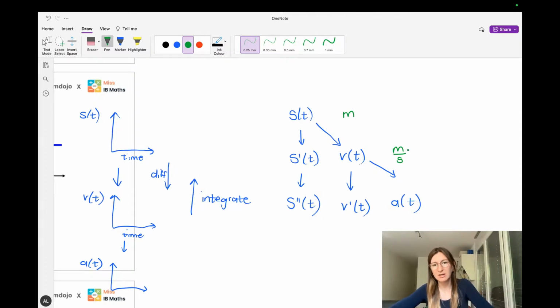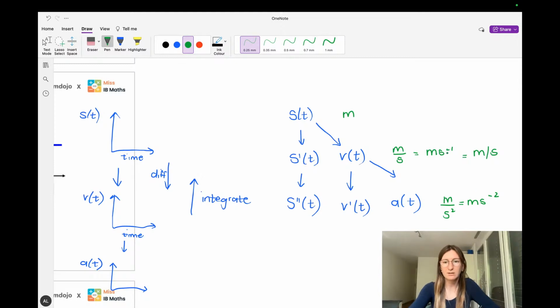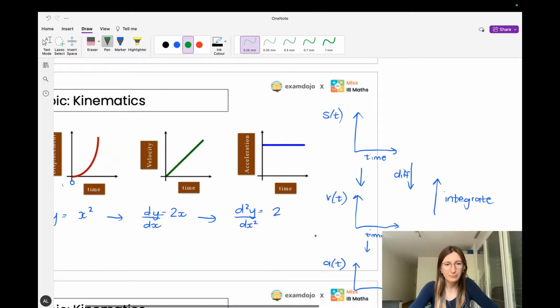So meters per second, we can also write and bring the s up to the top with a -1. So sometimes that's why you see it like that. You might also know meters per second like that. They all mean the same thing. And here it's meters per second squared, which we write as meters per second to the -2. So it's just because we bring that up, they're all equal. So it's just the unit of measurement. So don't get confused when you see these little -2s and -1s. It just tells you in which unit you're working.